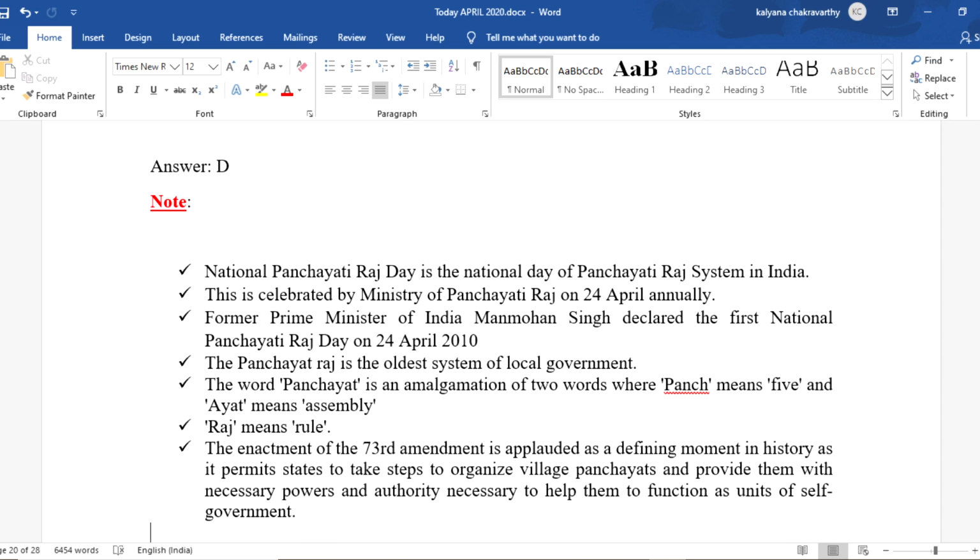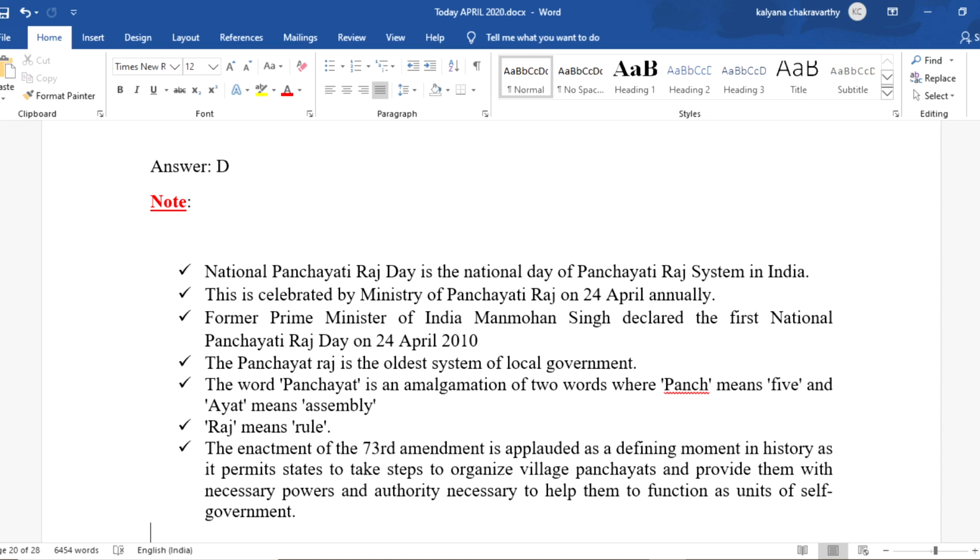National Panchayati Raj Day is the national day of the Panchayati Raj system in India. This is celebrated by the Ministry of Panchayati Raj on April 24th annually. Former Prime Minister of India Dr. Manmohan Singh declared the first National Panchayati Raj Day on 24th April 2010.